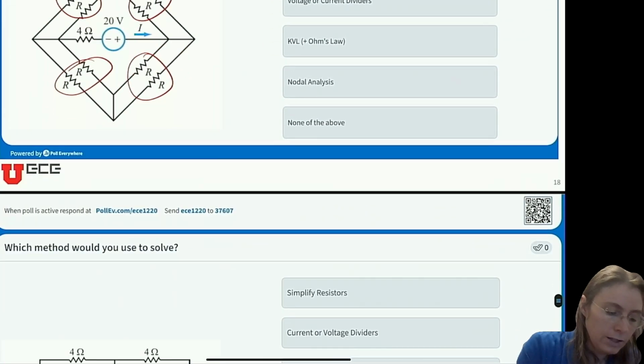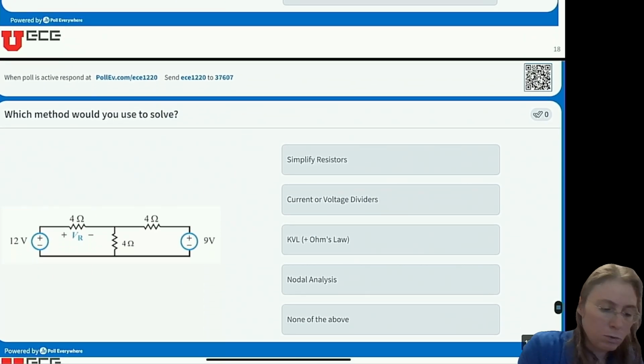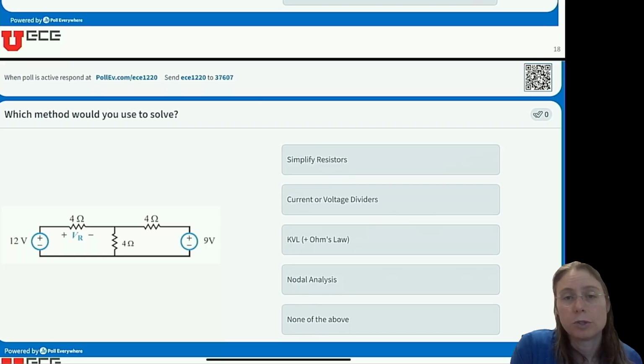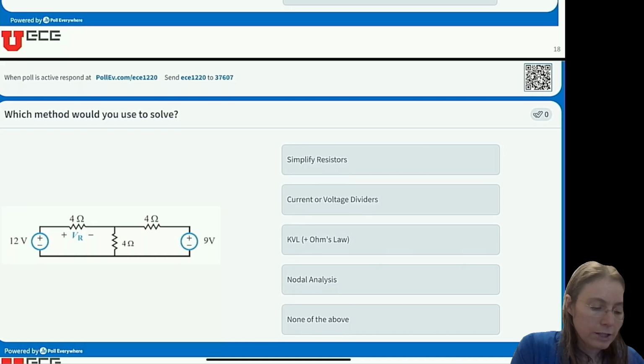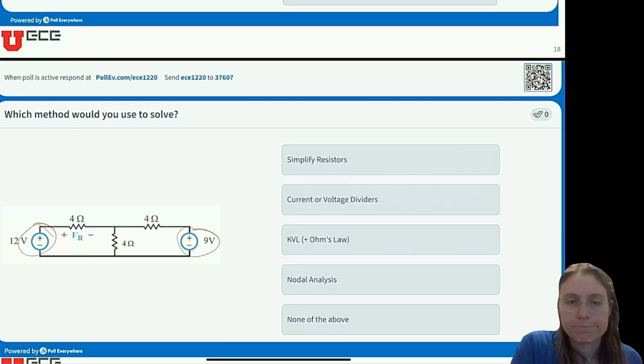Okay, how about for this circuit? What would you do to solve this circuit, and why would you choose that method? Okay, so this actually looks very similar, I think, to some of the ones we did this unit for node voltage method. So yeah, I have two sources, which immediately kind of indicates to me that I might need to use something like node voltage method.